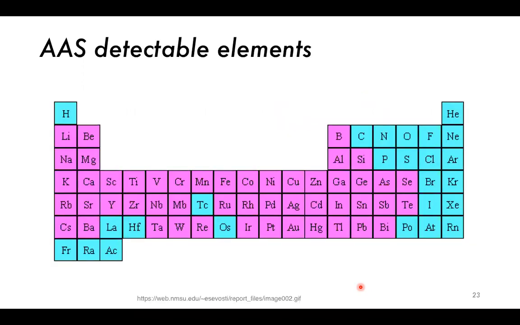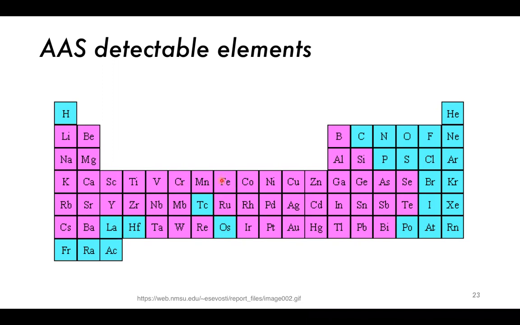And so here are some of the detectable elements for AAS. The ones in purple are all the ones which are detectable. The ones in cyan, not so much. Most of the metals can do this, except technetium, osmium, hafnium, lanthanum, and so on.